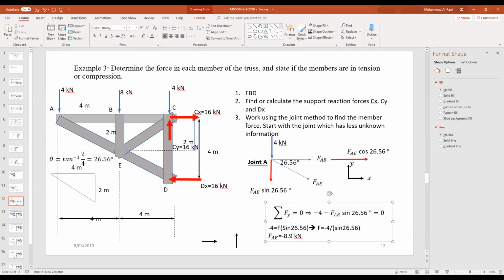So please correct your answer if you're getting less than that. When we're getting a negative answer, remember what we assumed for FAE is going outwards. It's kind of applying as a tension. So we say then this force is in compression, because it's negative, so it indicates it's compressing it, right? Yes, that's good.